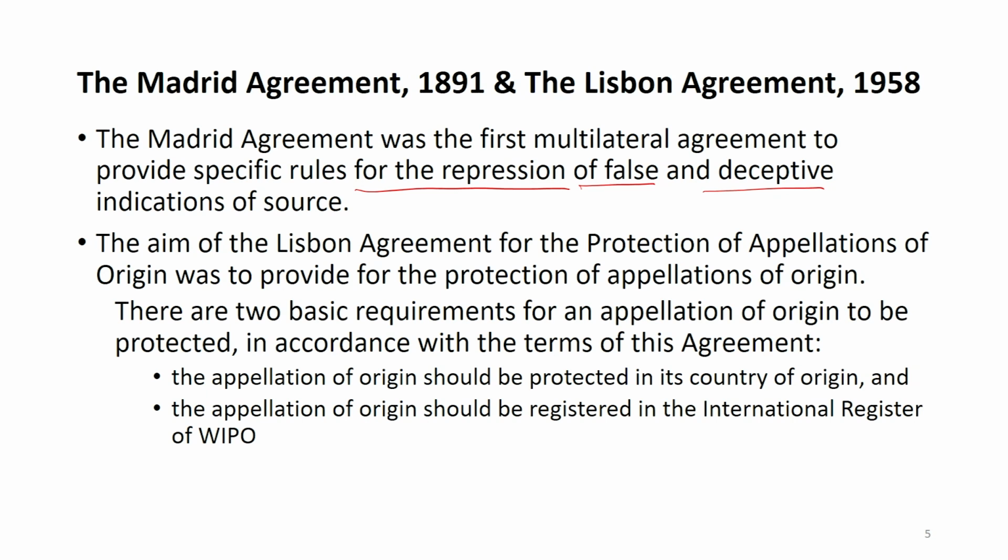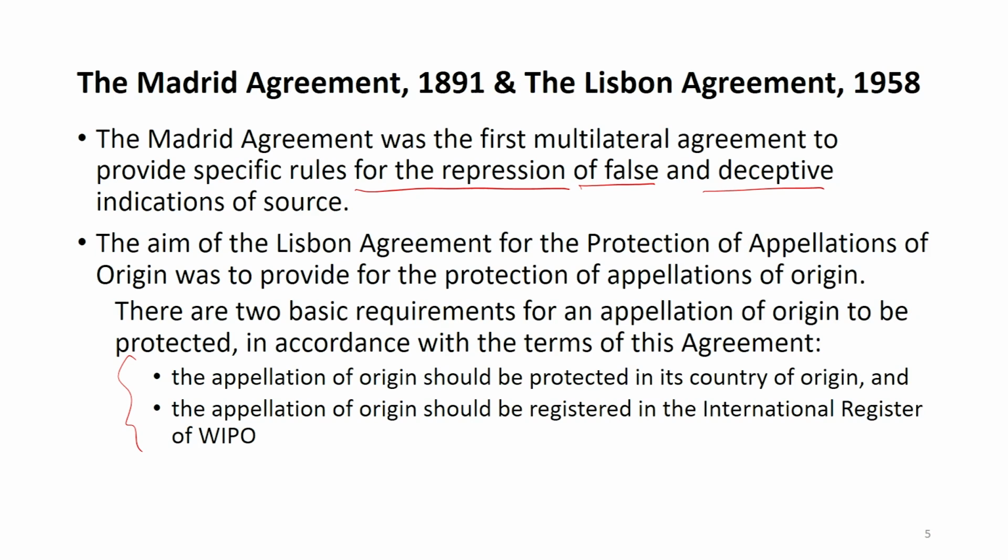There are two basic requirements for an appellation of origin to be protected in accordance with the terms of the Lisbon Agreement. First, the appellation of origin should be protected in its country of origin. So, protect the appellations of origin locally before you claim protection globally.